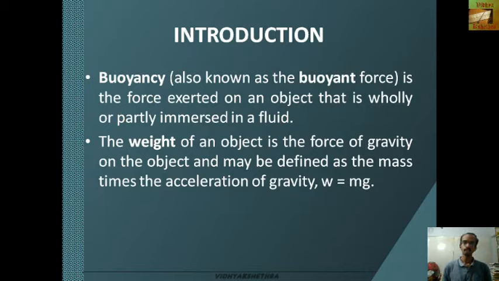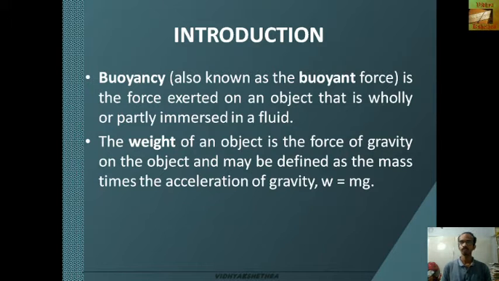This is the reason why weight on the moon is lower compared to that on Earth. Since the mass of the moon is lower than that of Earth, the acceleration due to gravity on the moon is lower. Hence, our weight becomes lower.